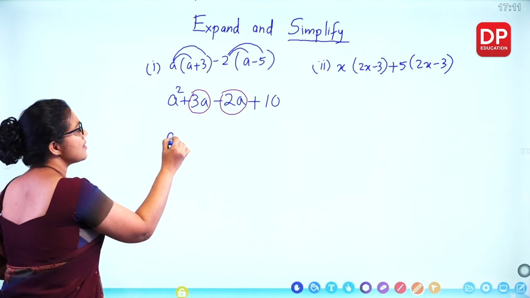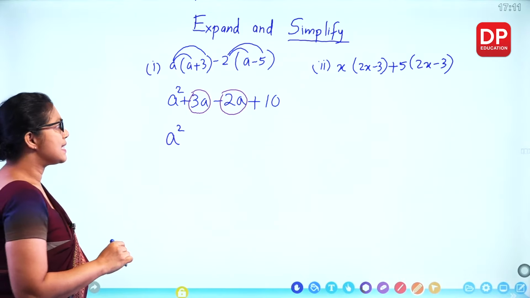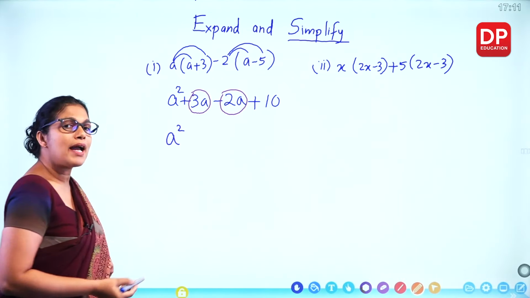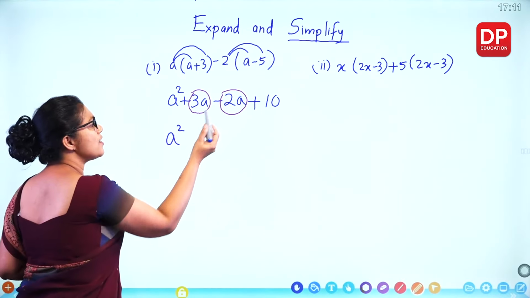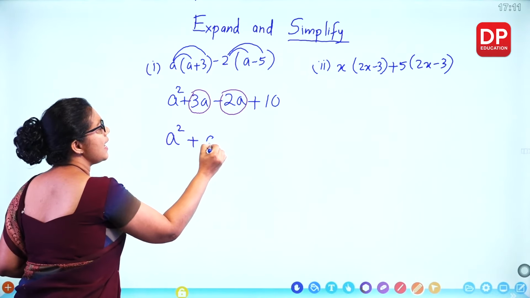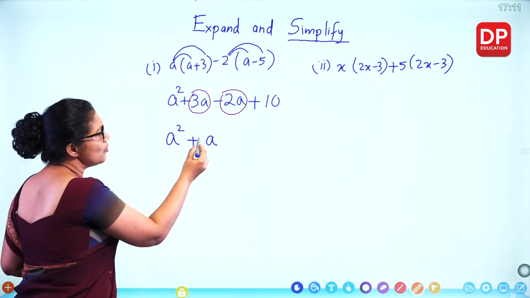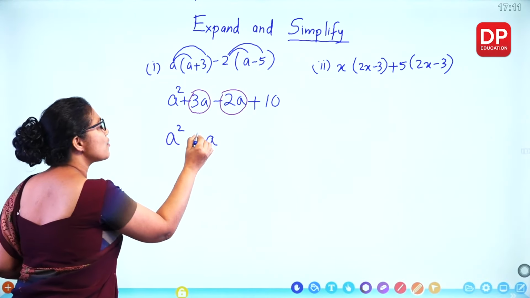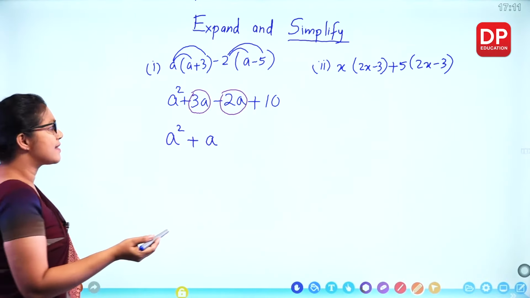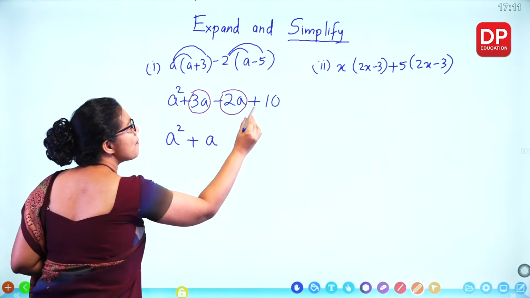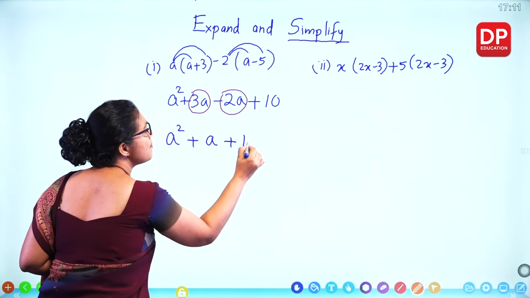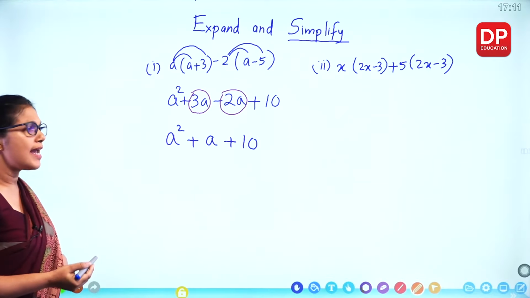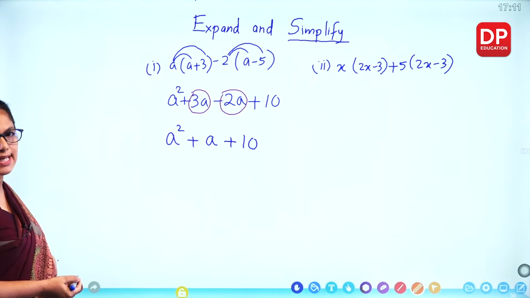A squared you can't simplify, you keep as it is. 3a minus 2a, 3 minus 2 plus a. You don't need to write 1 here. Sometimes students write 1a, doesn't matter, that's the same as a. Plus 10. 10 you can't simplify. So you can write a squared plus a plus 10.